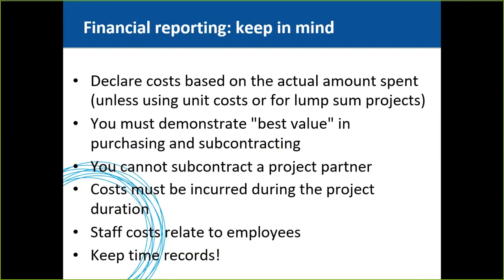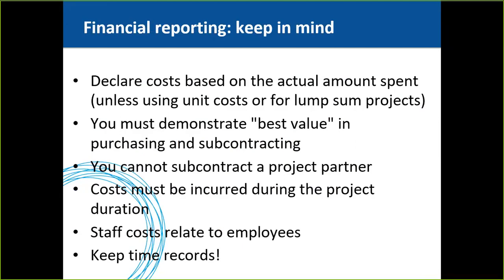There are a few points that you need to keep in mind in relation to the financial reporting. You must declare costs based on the actual amounts spent, not estimates. You must demonstrate the best value in purchasing and subcontracting. This may be a request for quotations or tenders; it depends on the amounts, on the national rules, and also on your internal procedures.